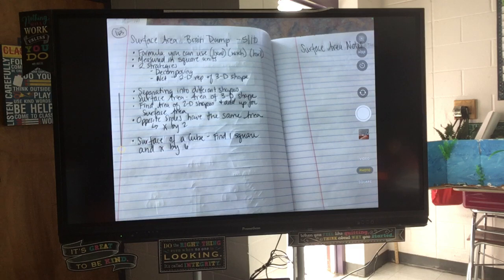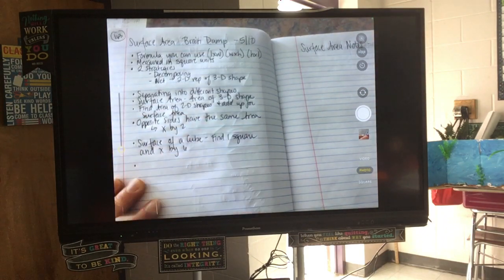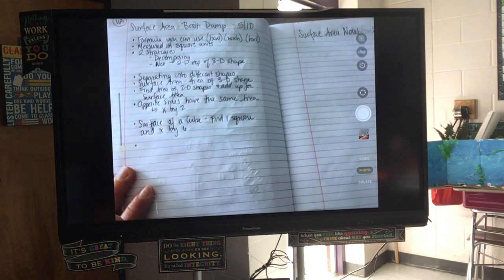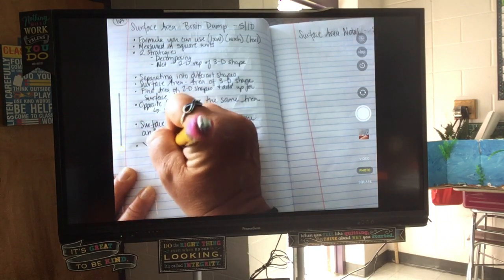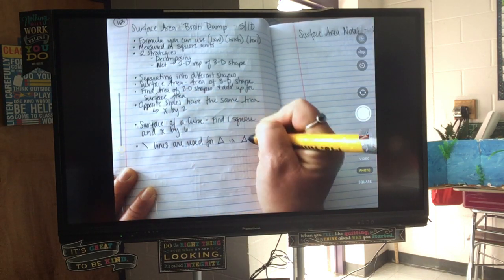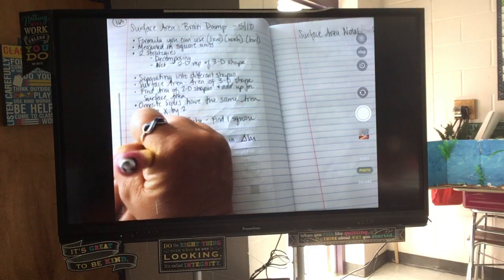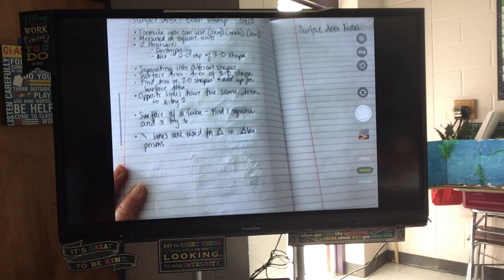I don't know for a fact, but you can't really use one side for a triangular prism, like in the net. Okay, Andrew? In the net, not the equations, but I don't remember what it's called, they're all the same for all the shapes.